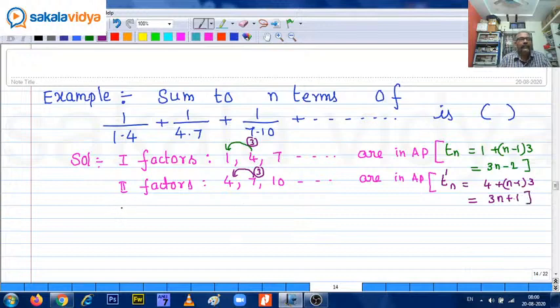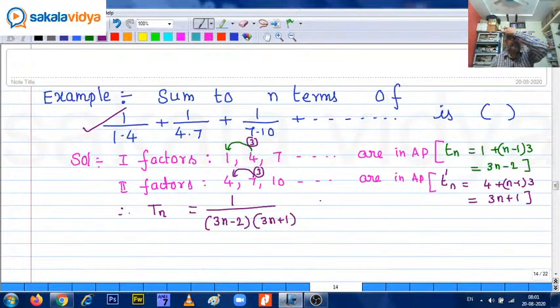Therefore, the nth term of the series is 1 upon 3n minus 2 multiplied with 3n plus 1. This is the nth term of this series. But we are asked the sum to n terms.